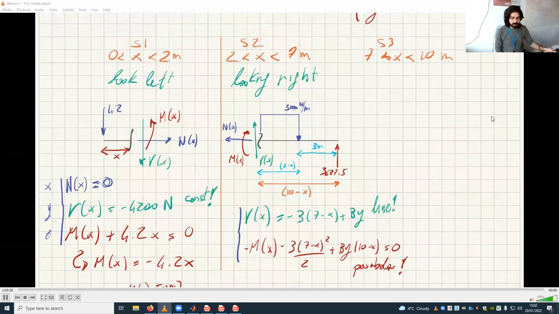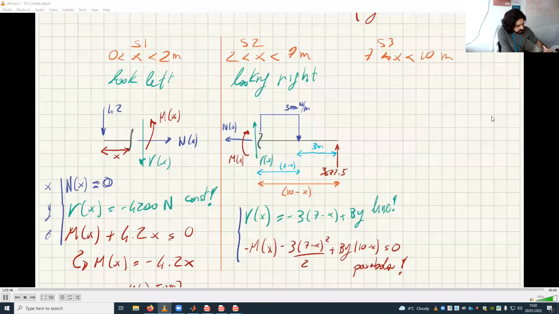What about the parabola though? How many points do you need for the parabola? 3. Any 3? Well, any 2 points, but you also need to know where the maximum or minimum is. Okay?